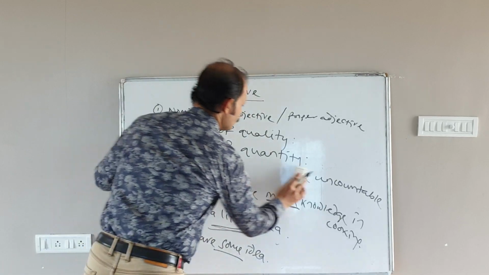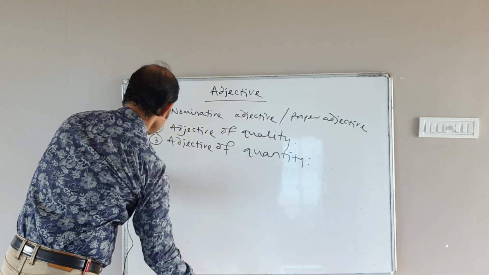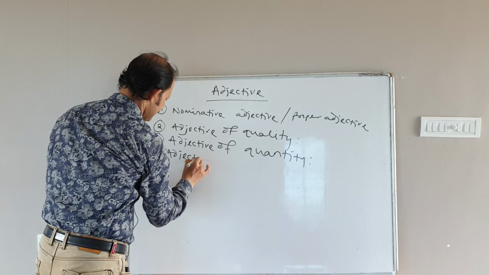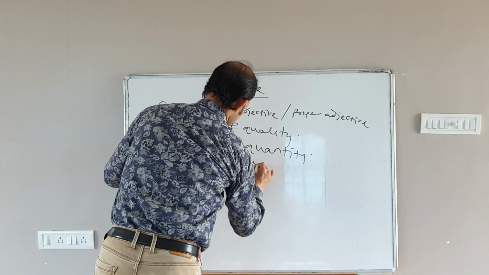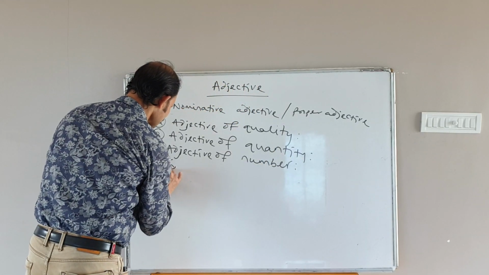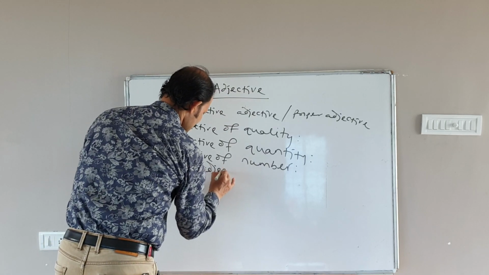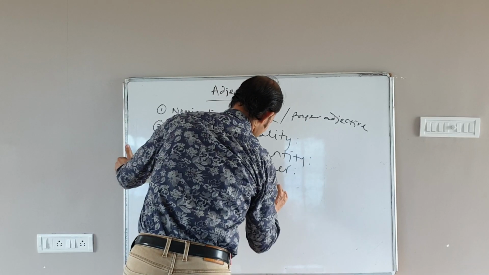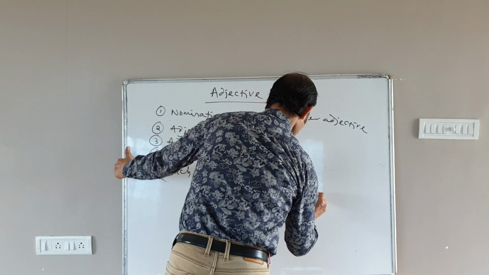Then next adjective is adjective of number. Adjective of number, you write, such adjectives describe countable nouns.